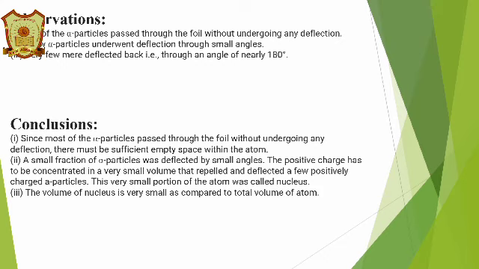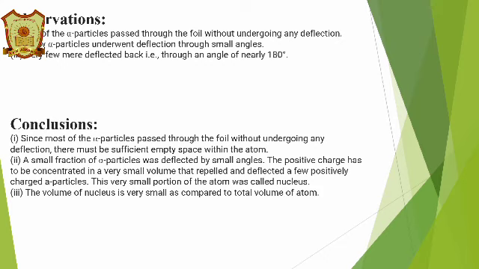The volume of the nucleus is very small in comparison to the total volume of the atom. The atom itself is very big, but the nucleus is a very small part. Just like if we have a circle or a sphere with a radius of, let's say, 10 centimeters, one single small dot will represent the nucleus.